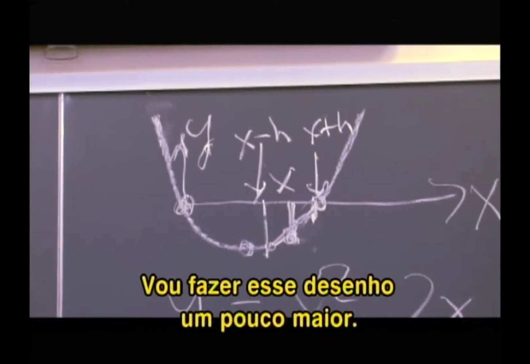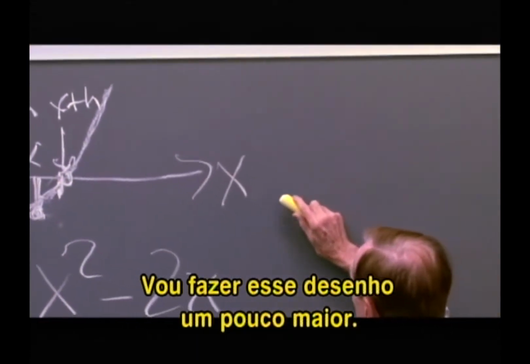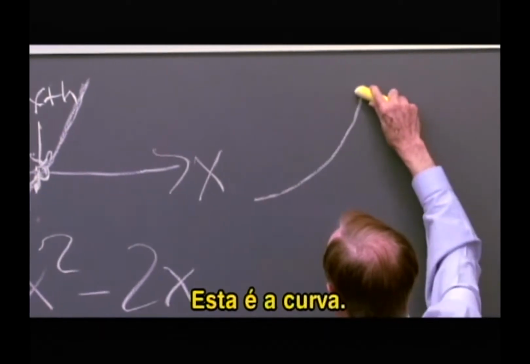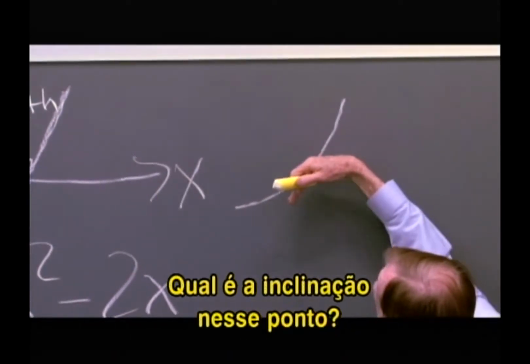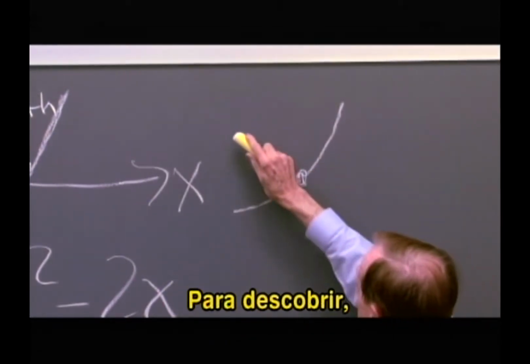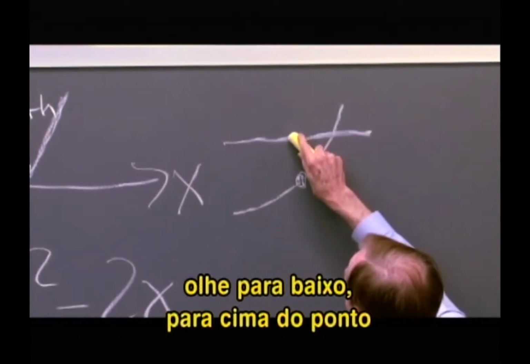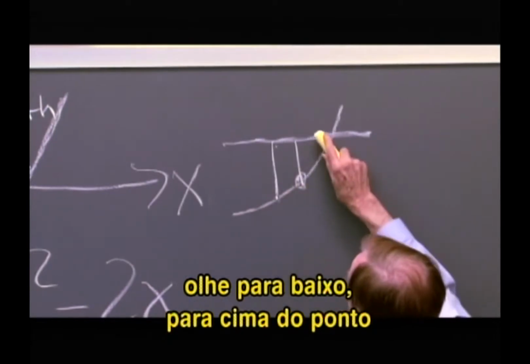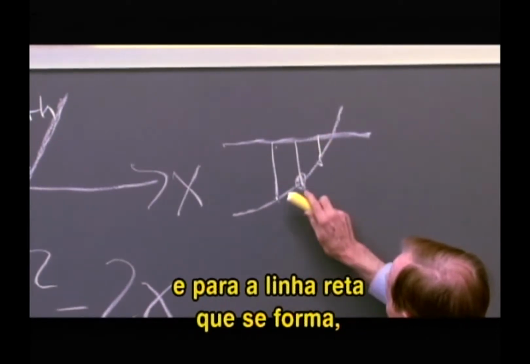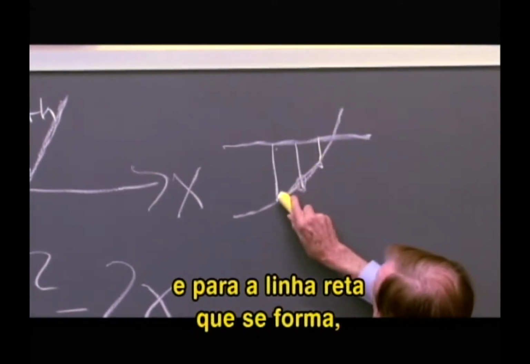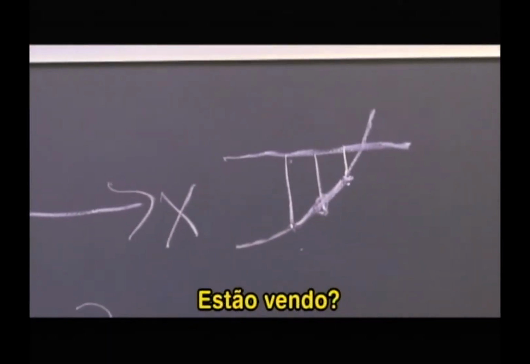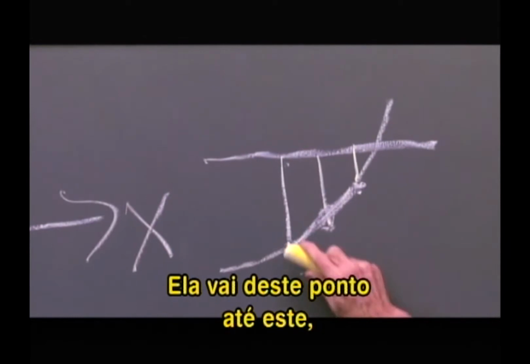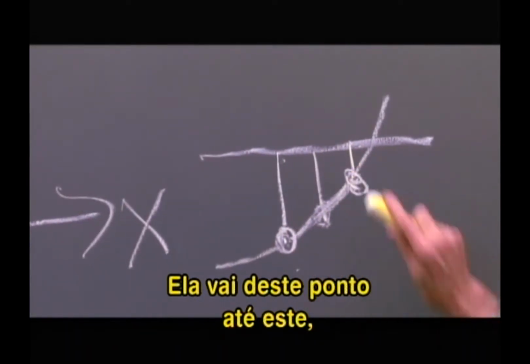You see, shall I draw that picture a little bigger? Here comes the changing slope. I'd like to know the slope there. What's that slope at that point? But the way to do it is look next to it, look above it, and look at the straight line that goes through those 2 points.